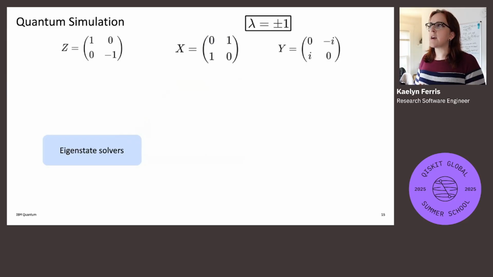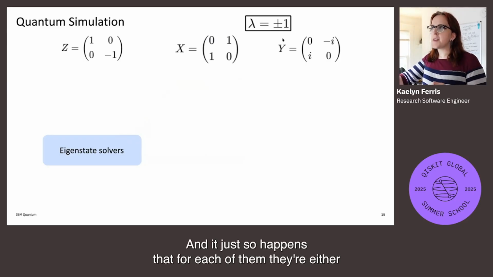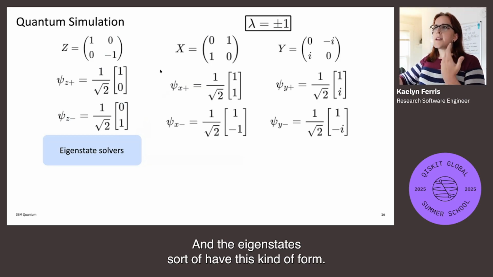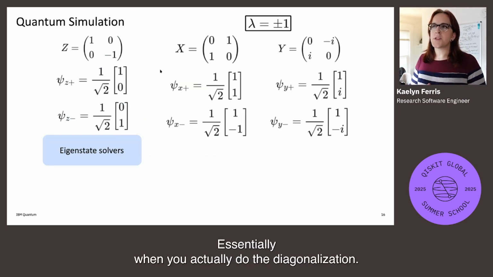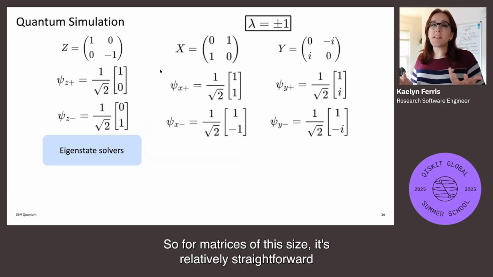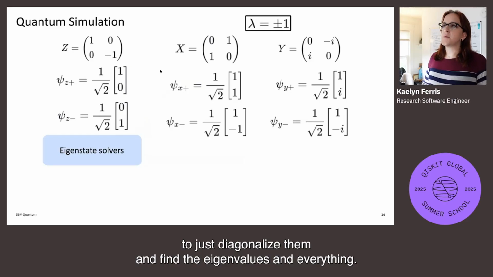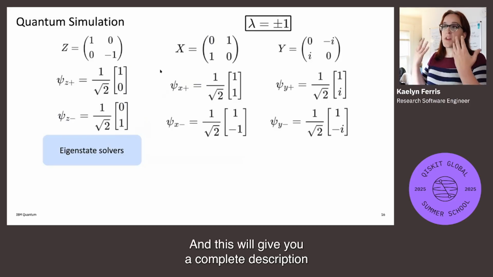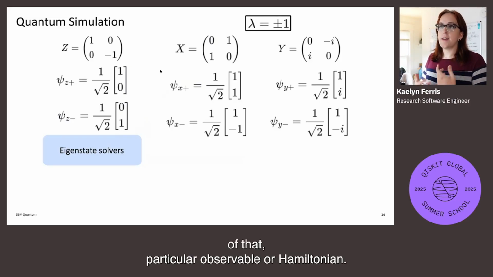It just so happens that the eigenvalues are plus or minus 1, and the eigenstates have this form when you do the diagonalization. For matrices of this size, it's relatively straightforward to diagonalize them and find everything you want, and this gives you a complete description of that particular observable or Hamiltonian.